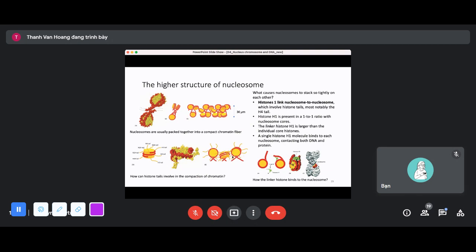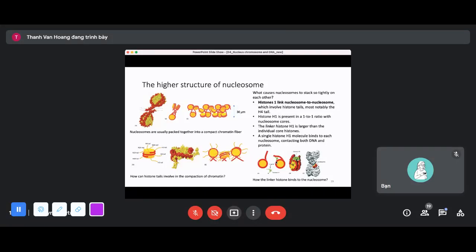How can it organize from this 11 nanometer structure to the chromatin structure? It's nanometer, it's not micrometer. I'm sorry for this mistake. So how can it make from this 11 nanometer to a 30 nanometer chromatin structure?